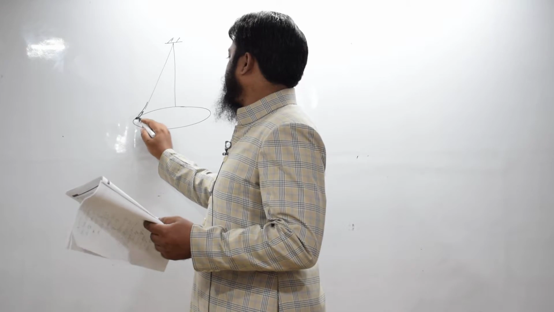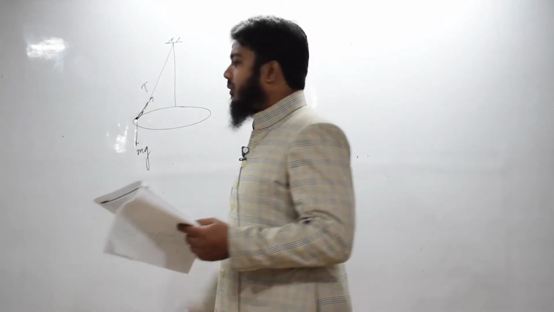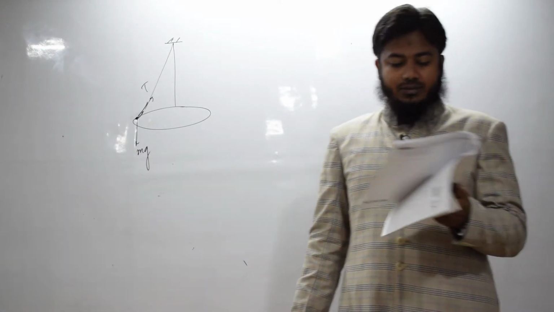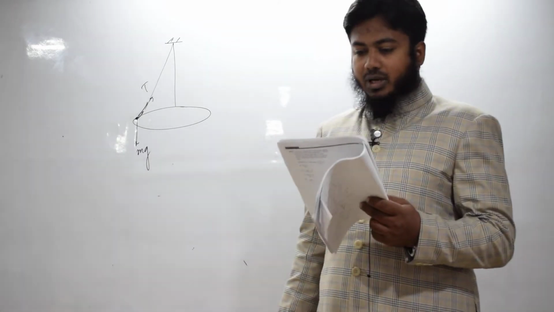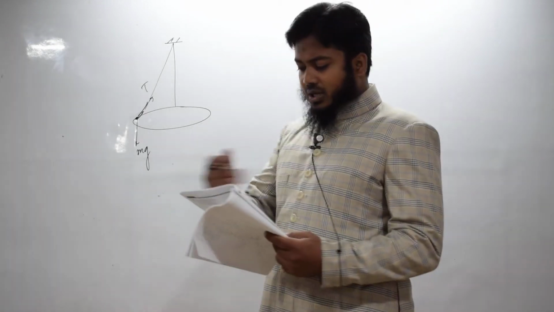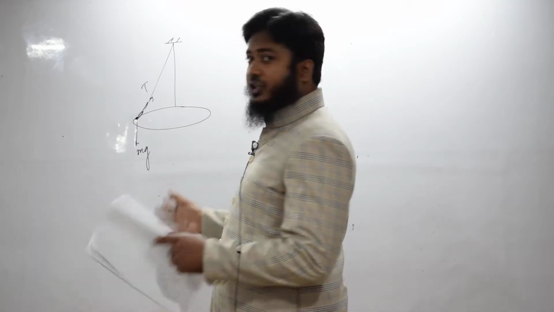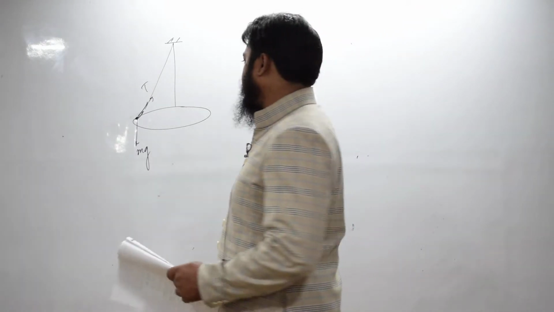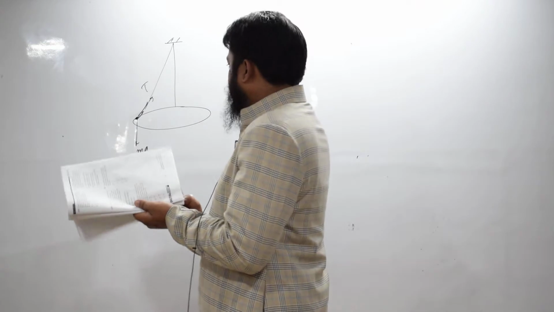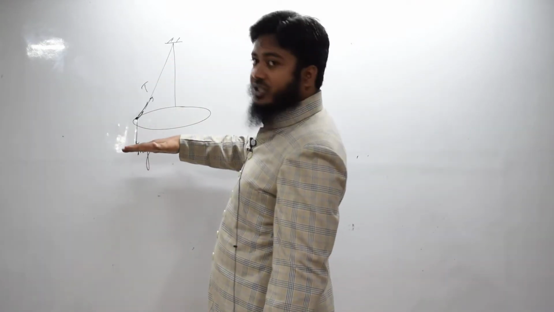Like this, there is a particle and two forces are acting on it: tension in the string and gravitational force, the weight. Now, there are some options. So, let us see what is the direction of torque and what is the direction of angular momentum. Torque about this point is r cross mg.